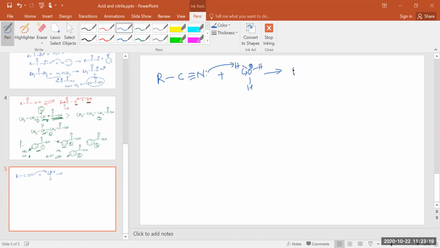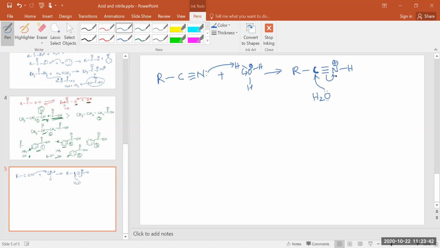So it will form that nitrilium ion type. As soon as this forms, the carbon of nitrile becomes more electrophilic. Okay, so water here, the reaction happens in water under the acidic condition.